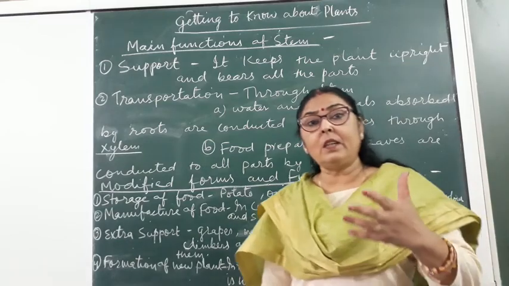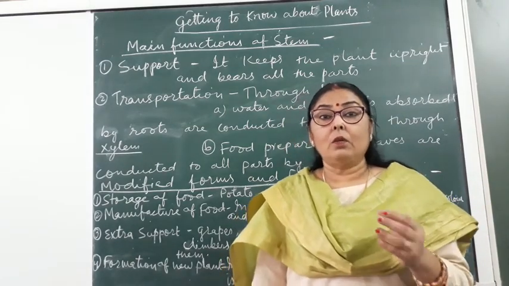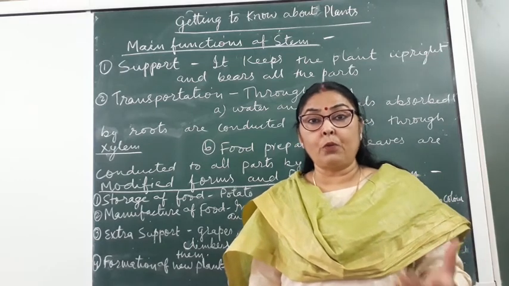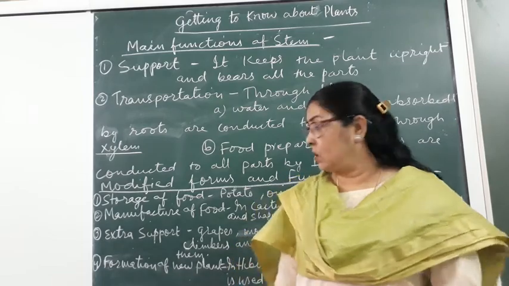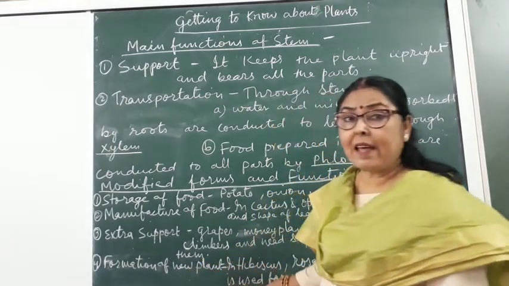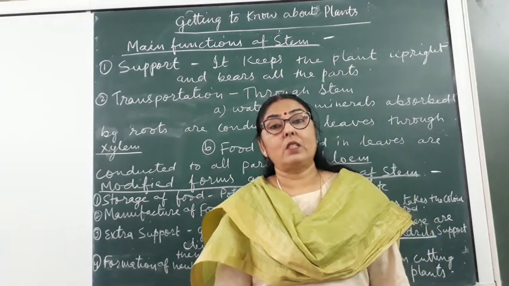Vegetative reproduction is the method in which new plants can be grown from their stem, root or leaves. So this is the last modified form and function of the stem.